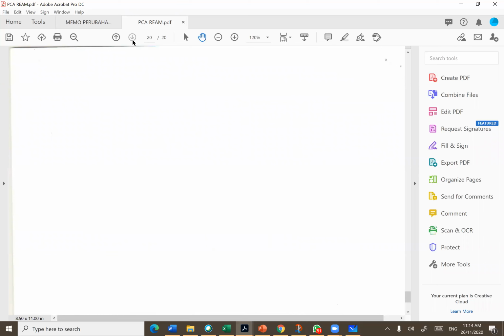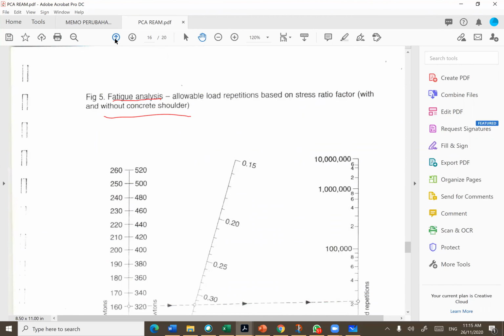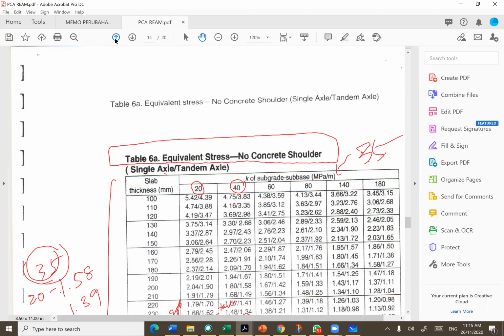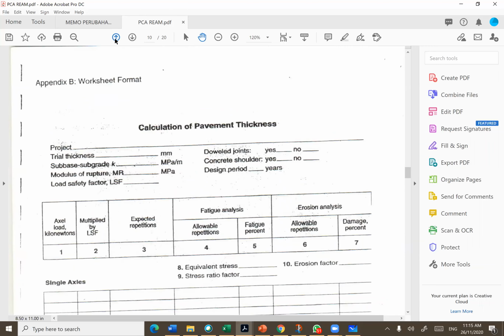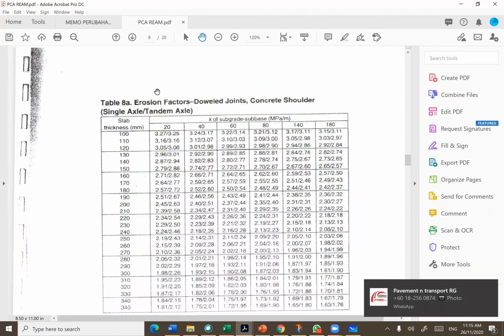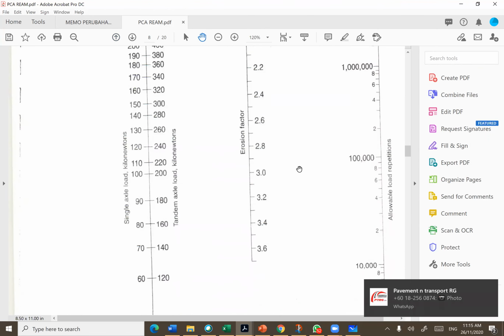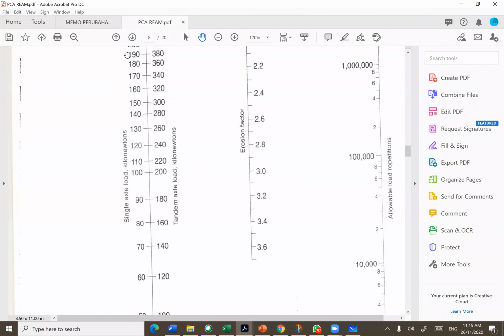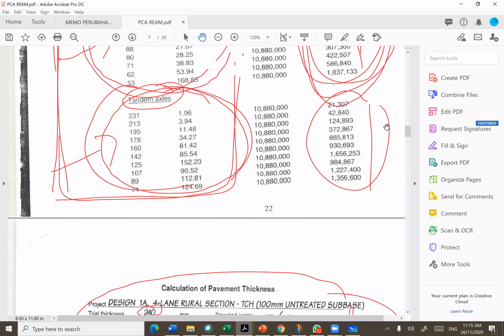I think we have finished already. There should be one. Erosion analysis, erosion factor, fatigue analysis, equivalent stress, axial load. Where is the other one? Erosion factor. This one also. Factors, no, erosion factor also. There isn't. There is.